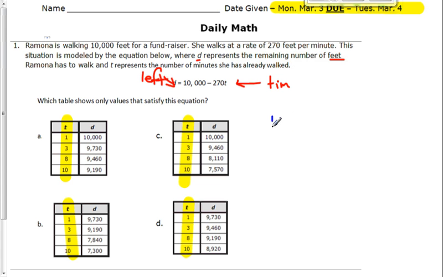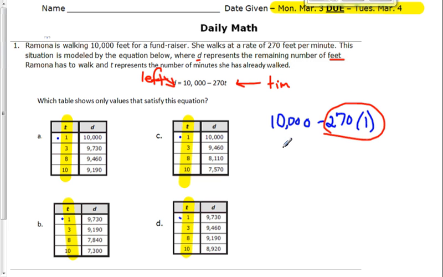The equation was 10,000 minus 270T. Let's try our first T, and every chart has 1. So let's go with 1 first. Plug in 1: 270 times 1. Following order of operations, I'm going to multiply this part out first.